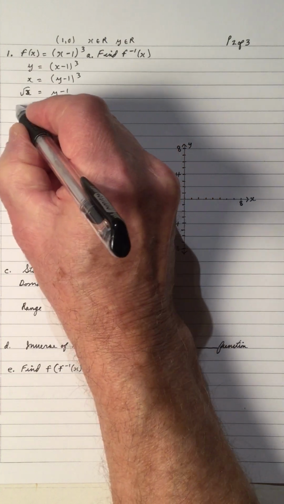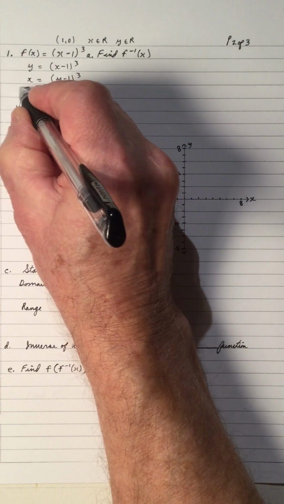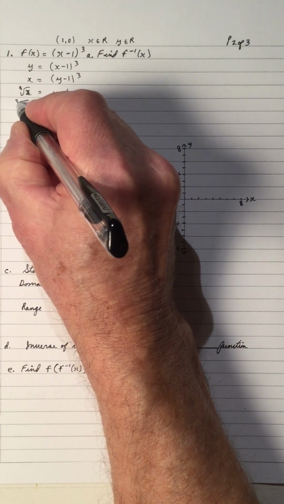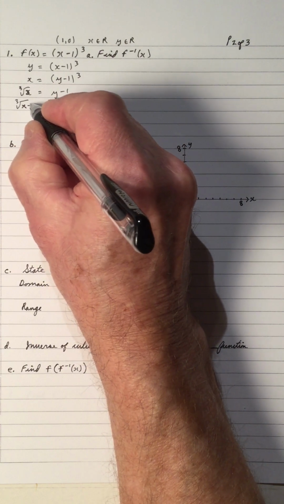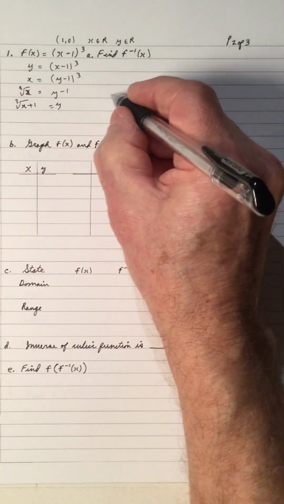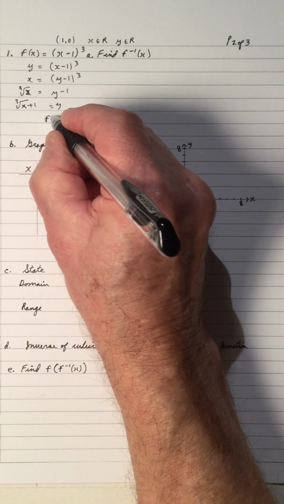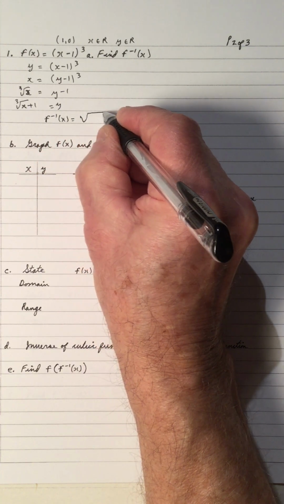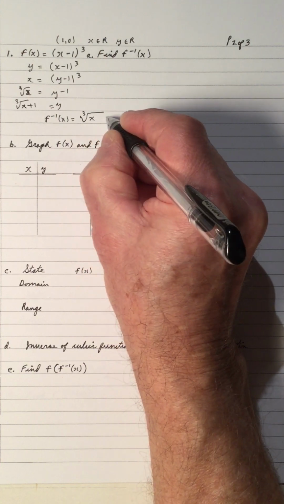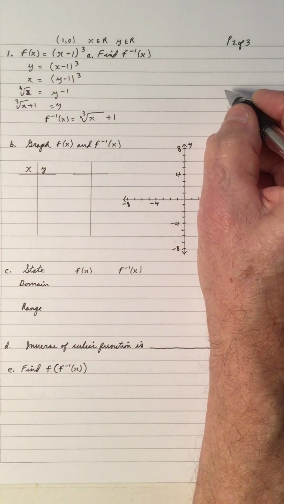So y is equal to the cube root of x. And there's a minus 1, so we'll make it a plus 1. So the inverse, f to the negative 1 of x, is the cube root of x plus 1.